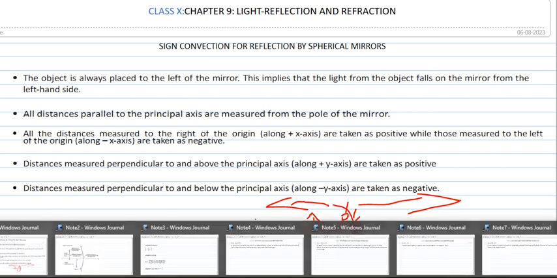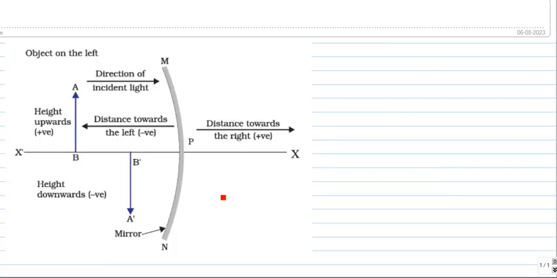So this we will see as a picture here itself. This is what we just saw. What is the first point? We said the object is always placed in front of the mirror. So if we have the mirror here, the object is placed here, which is in front of the mirror. The next point, all distances parallel to the principal axis are measured from the pole.